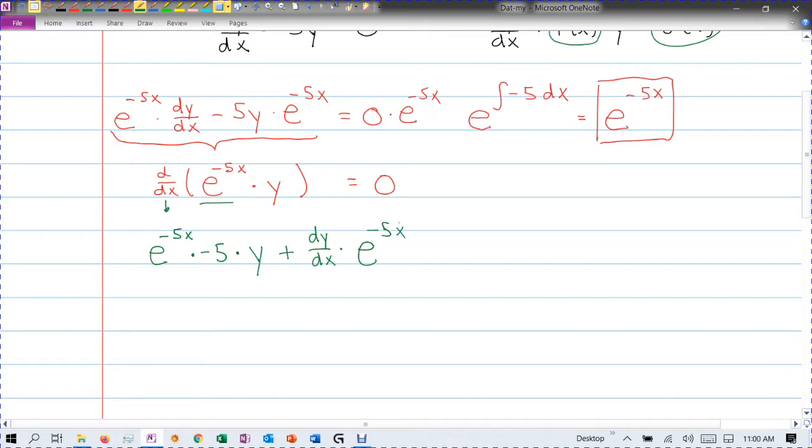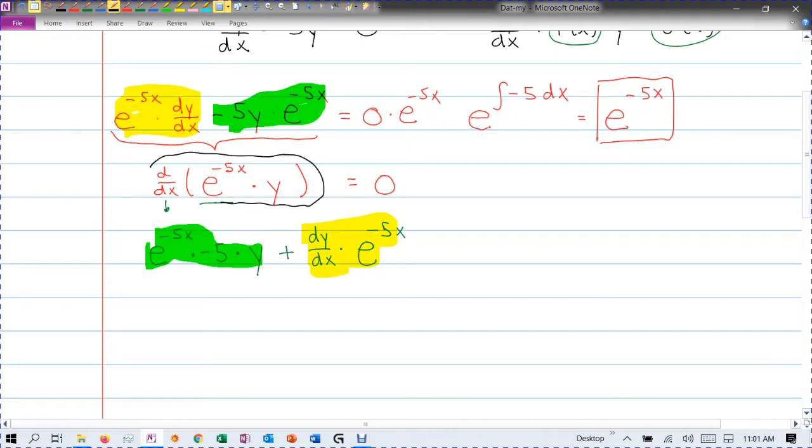And if we look at this, this is exactly what we have up here. Okay, so if we put those together, we get those two up there. So the derivative of that product is equal to our left-hand side up here, and that's always going to be the case.